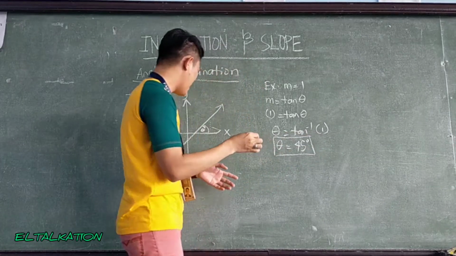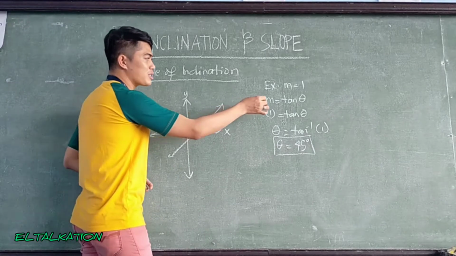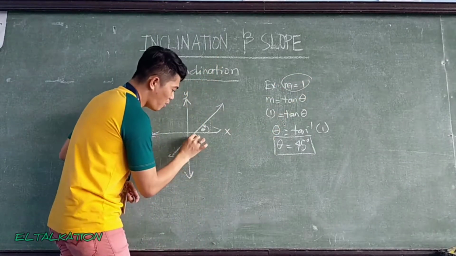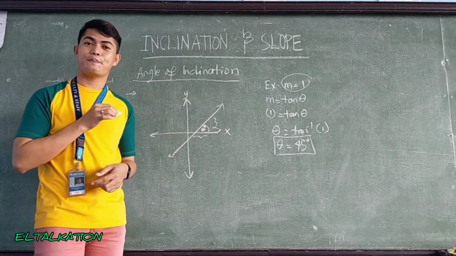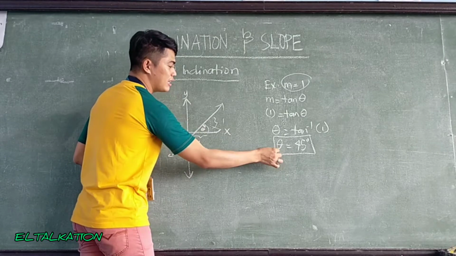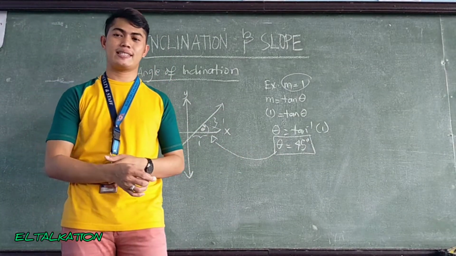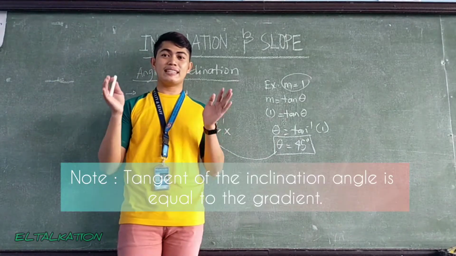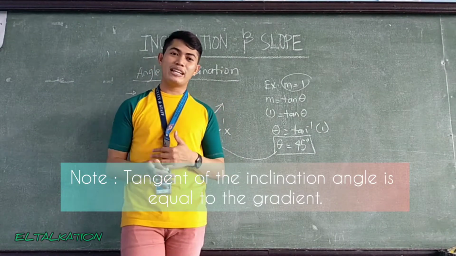So ibig sabihin, in terms of the Cartesian plane, there is one slope, diba? One forward and one up. There is one here and there is one here, and with the angle of inclination, which is 45 degrees. So take note that the tangent of the inclination angle is equal to the gradient.